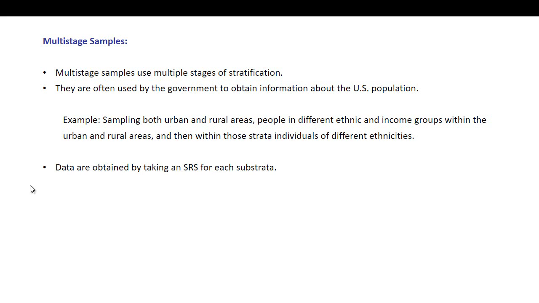So data are obtained by taking a simple random sample from each substrata, or from each of the innermost groups. Statistical analysis for these samples is a little bit more complex than for a simple random sample.